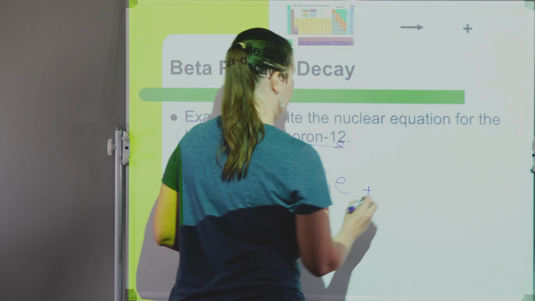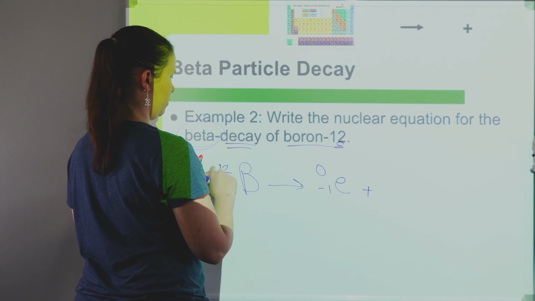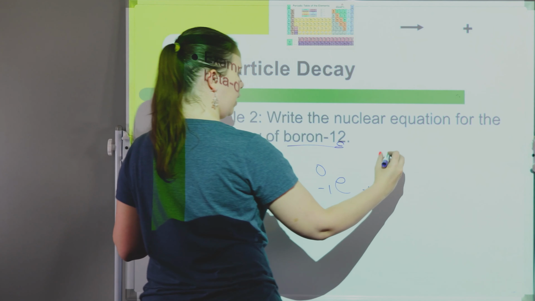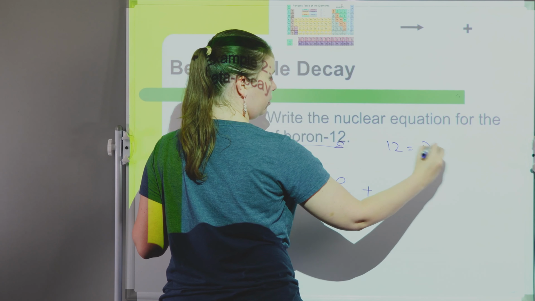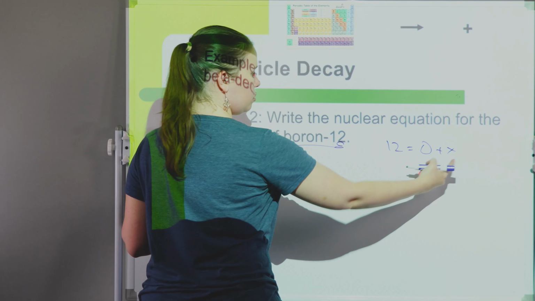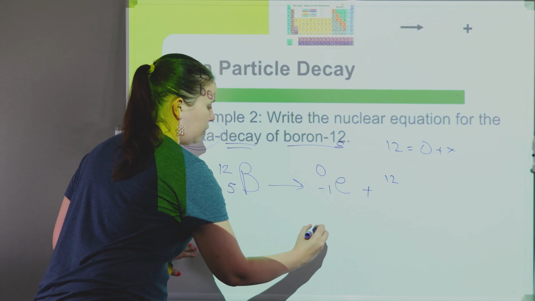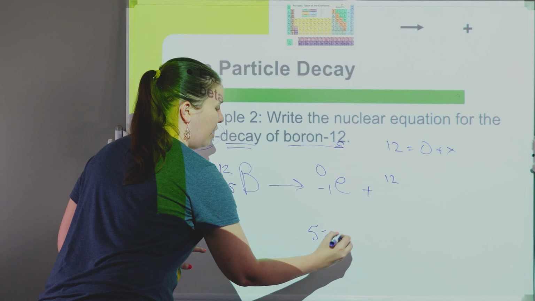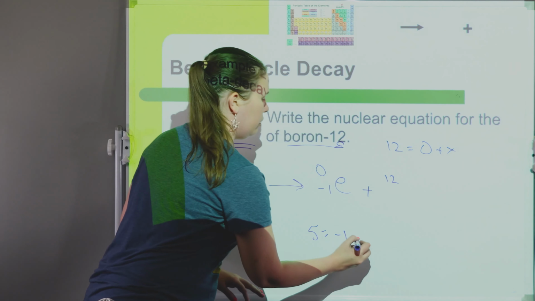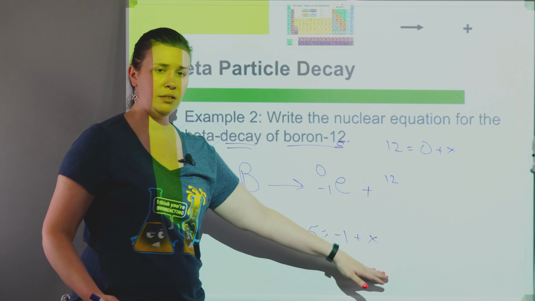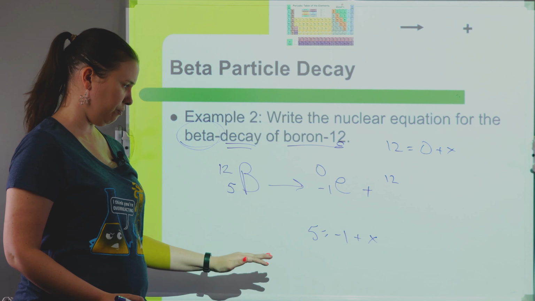Now I need to do my math very carefully because of that negative sign. On top, it's not too bad. I've got 12 on the left, 0 and something on the right. So what's my something? Of course, 12. On the bottom, you've got to be really careful. I've got 5 on the left and a -1 on the right. So what would I add to -1 to get 5?